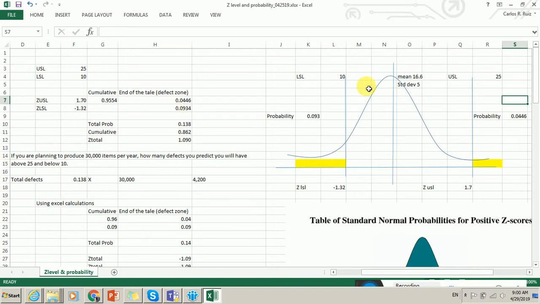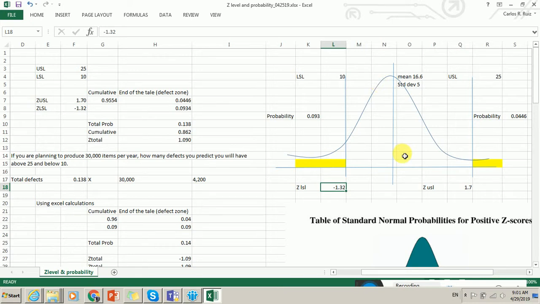This is a representation of the distribution, including the upper spec limit, which is 25, the lower spec limit, which is 10, and these are the Z levels that we estimated. But this is important: we're not interested in the area or the probability of having these reports delivered between 10 and 25.